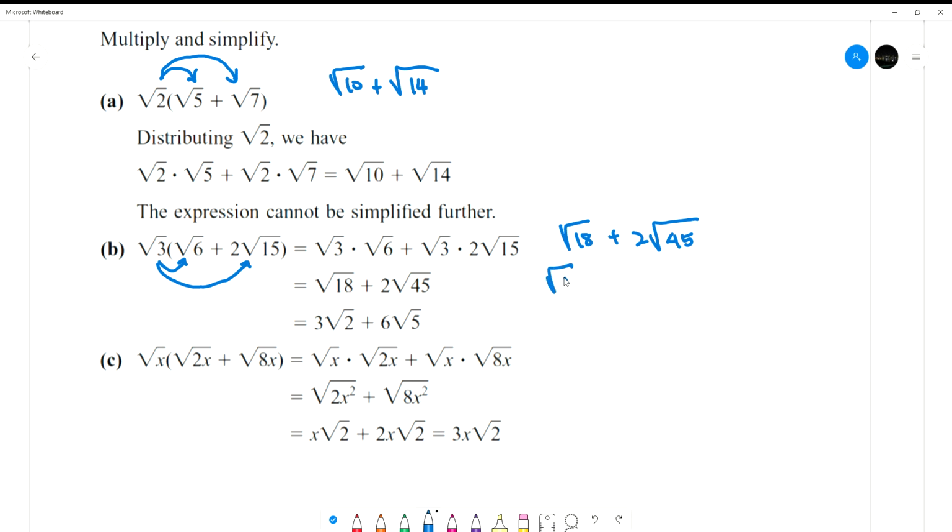So this is radical 9 times radical 2 is 3 root 2. And this one is 2 times radical 9 times radical 5, right? So that gives me 2 times 3 radical 5, which is 6 radical 5. And there's a plus sign in between. These are not like, so we leave it at that.